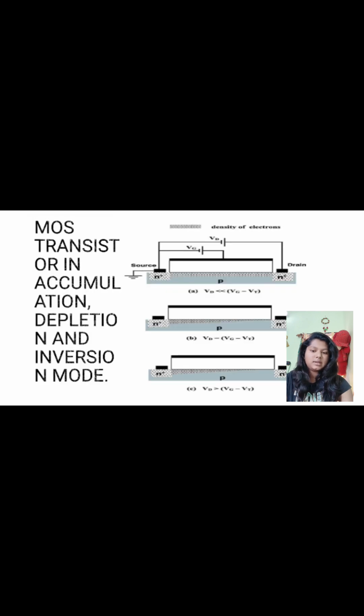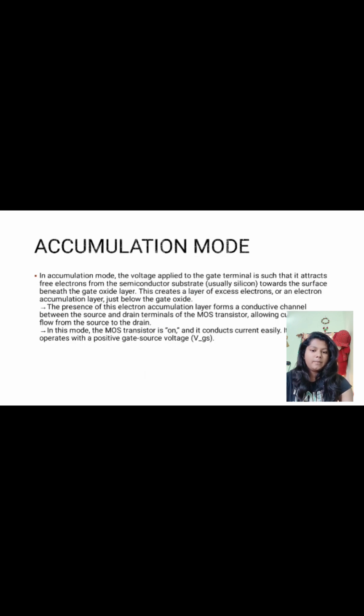MOS transistor in accumulation. Now we are discussing the accumulation layer. This is the first diagram of the accumulation layer. The voltage applied to the gate terminal is such that it attracts the free electrons from the semiconductor substrate towards the surface beneath the gate oxide layer.